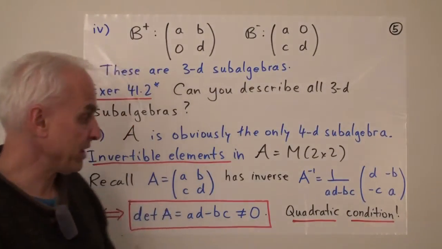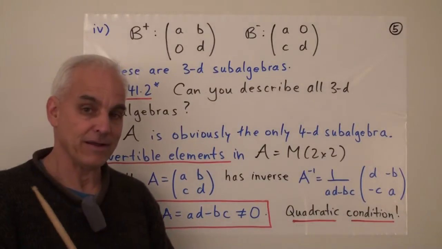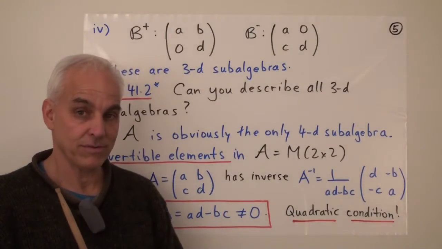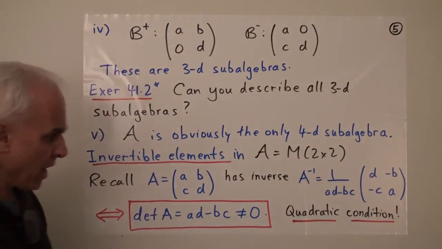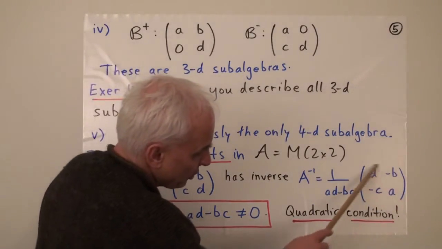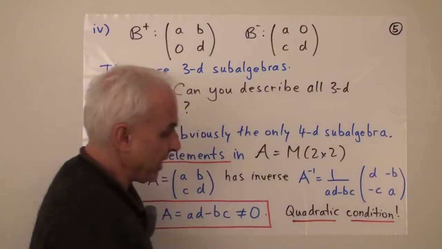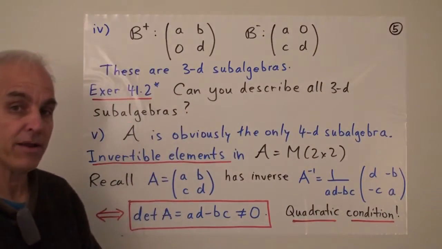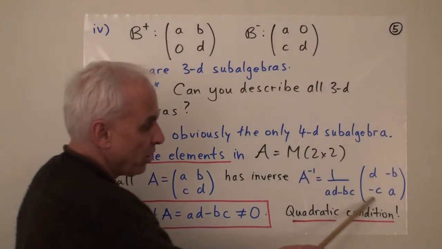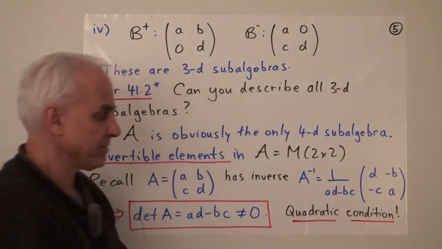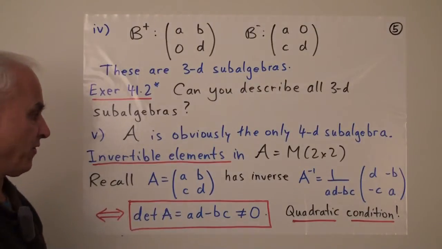So if that's unfamiliar, please review the earlier lessons on 2 by 2 matrices and their inverses. Just to alert you, this matrix here is going to play an important role a little bit later on in the lecture. We're going to end up calling this A star, sometimes called the adjugate of the matrix A.